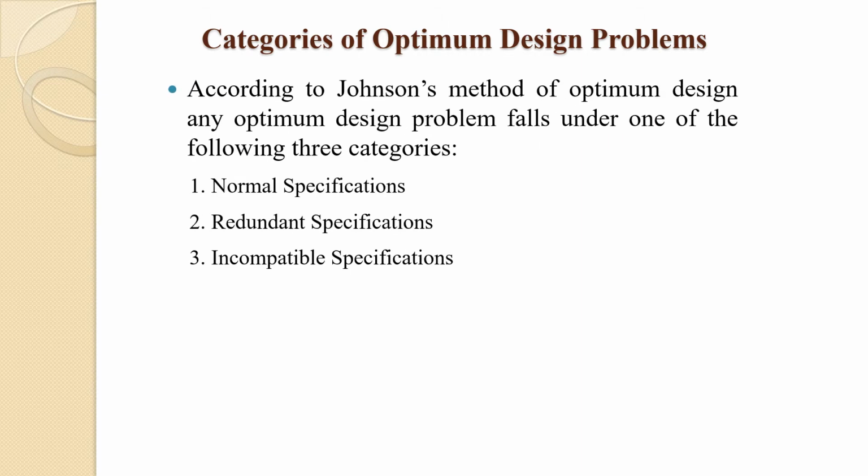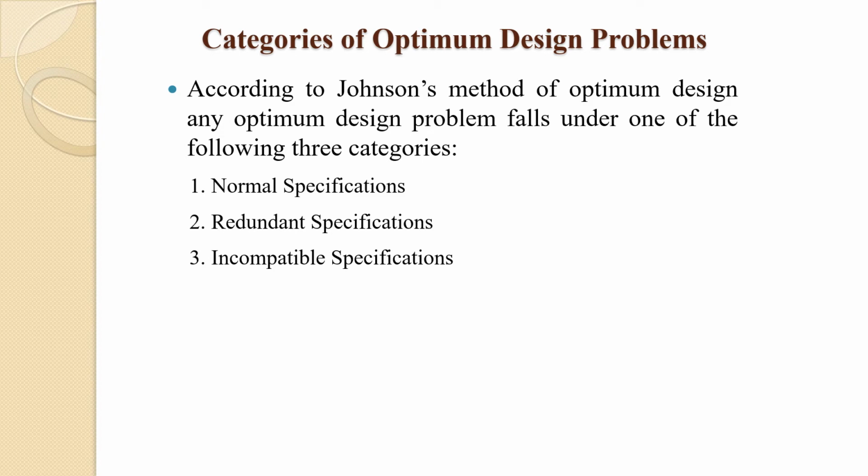In Johnson's method of optimization, we already saw the introduction. In that, we already saw what the preliminary design equation is, what the subsidiary design equation is, and what the limit equation is. Now next is categories of optimum design problems.